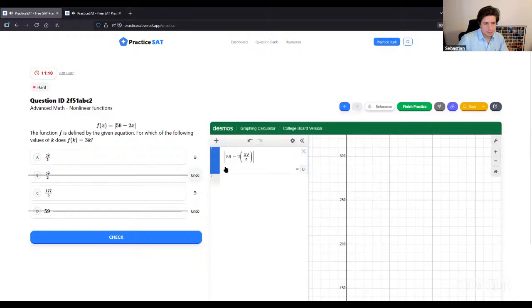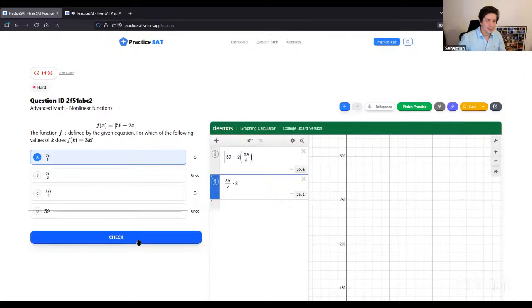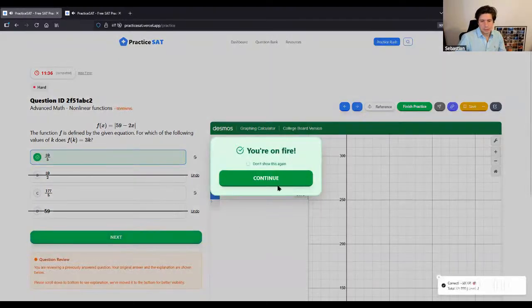That's not going to work. 59 over 5. That gets us 35.4. Interesting. Let's see what this gets us here. 59 over 5 times 3, 35.4. Beautiful. So it's going to be A. So that's a handy trick, just plugging in using Desmos. It makes it quick. You could also graph it possibly and see, but that can be kind of tricky.